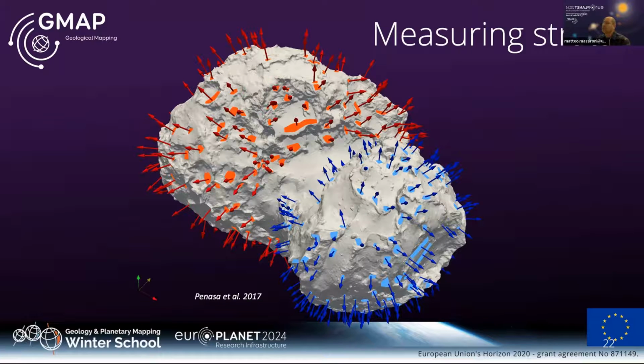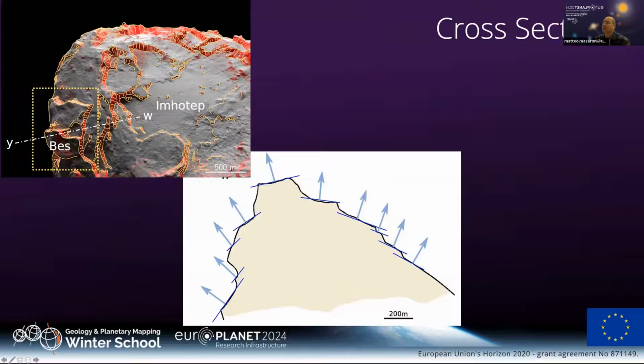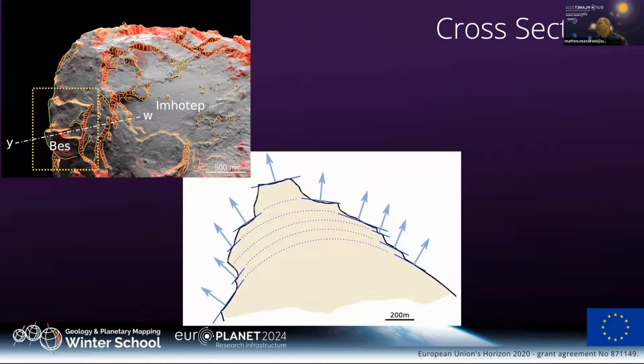And this, for example, is a portion of Comet 67P. We see the section here, this is the topography here, and the measurements here. And it's quite easy to understand the interpretation of the geological section, which is actually the connection between the different orientations of the stratification.